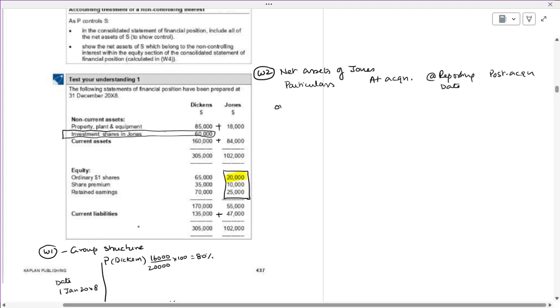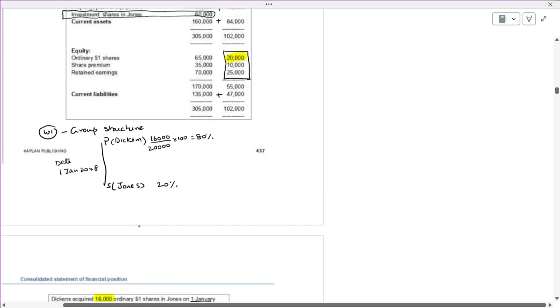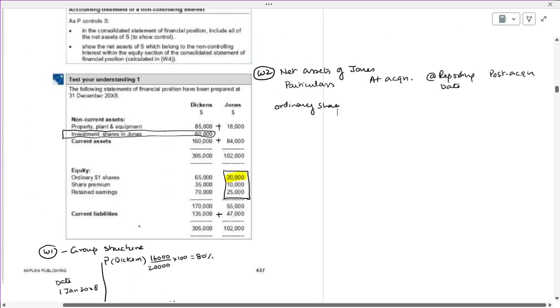We will take the ordinary shares. They acquired on 1st of January. Nothing is there. They have mentioned share capital remains the same, 20,000 and 20,000.